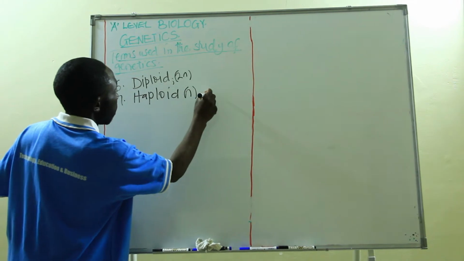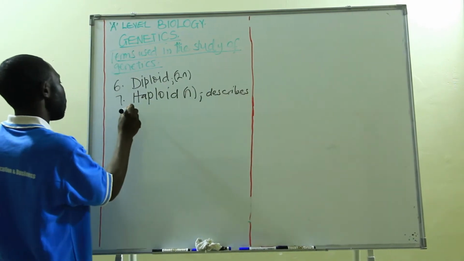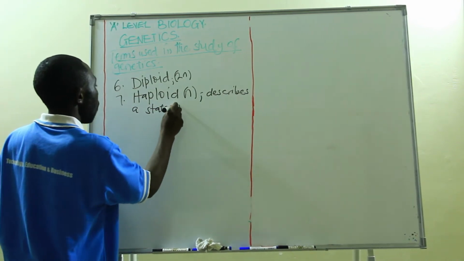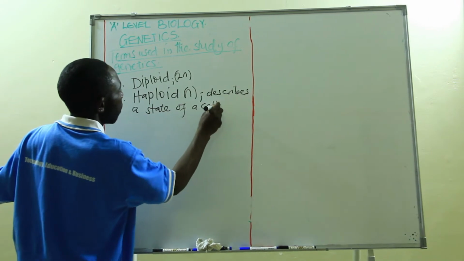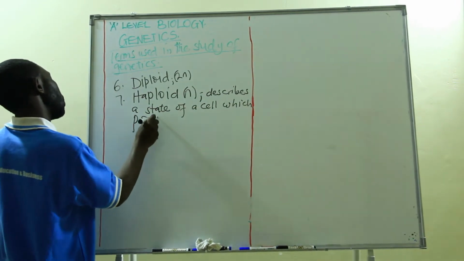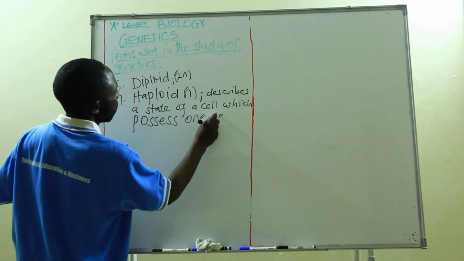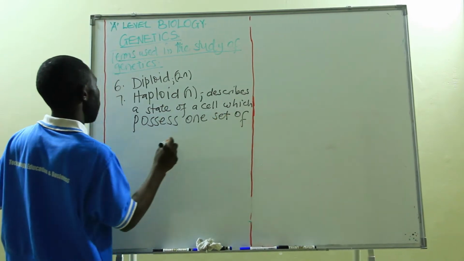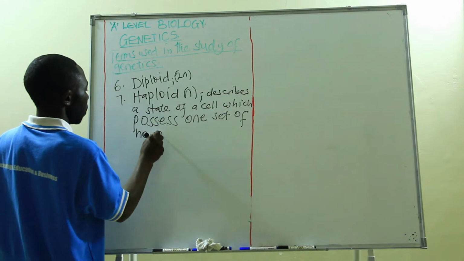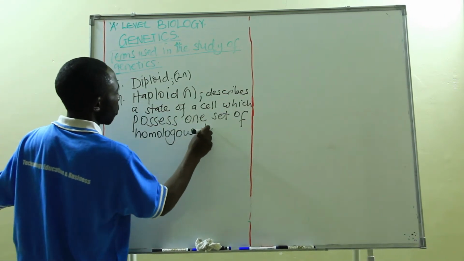You can say it describes a state of a cell which possesses one set of homologous chromosomes.